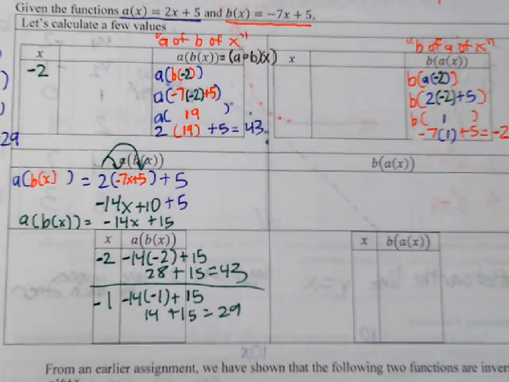Table down below, trying to do the same thing for b of a of x.